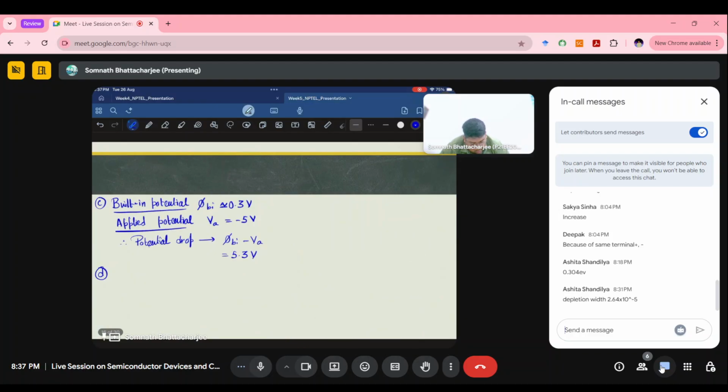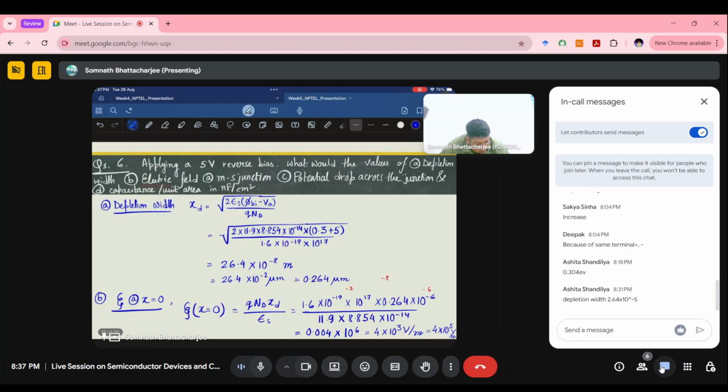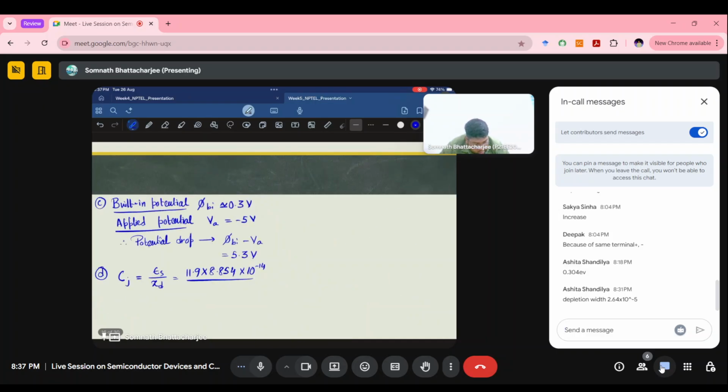And the last part is capacitance per unit area. We can write it as Ci or Cj. Based on that, it is epsilon divided by xd. So it is nothing but this: 8.854 into 10 to the power of minus 14 divided by, what was the value of xd? xd was 0.0264 multiplied by 10 to the power of minus.